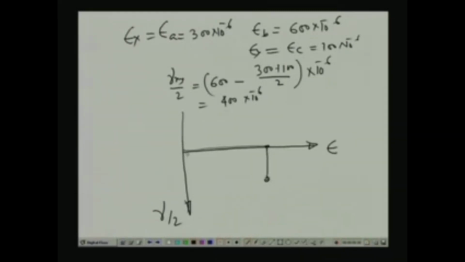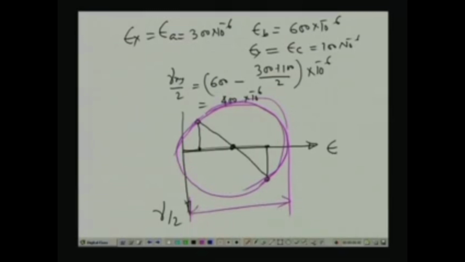We have epsilon y as 100 and gamma by 2 as minus 400, and if we join these two together we get the center, and if we plot the circle, we get the Mohr's circle of strain, and this is the value epsilon 1, and this is epsilon 2.